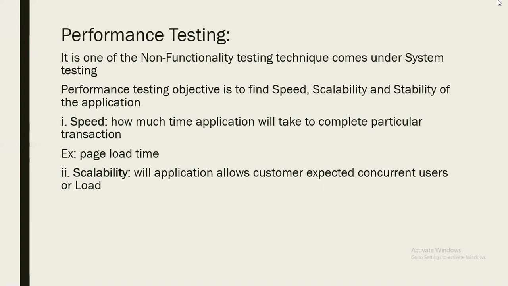Let us see, if I go for any online meeting application, the application says it allows a maximum of 251 members to join the meeting at a time. Now we have to check whether the application allows 251 members to join the meeting at a time or not. Is it scalable or not at that load? That is scalability.